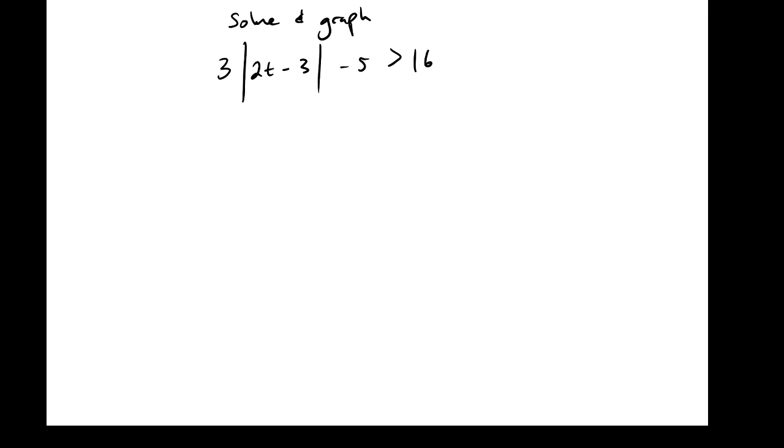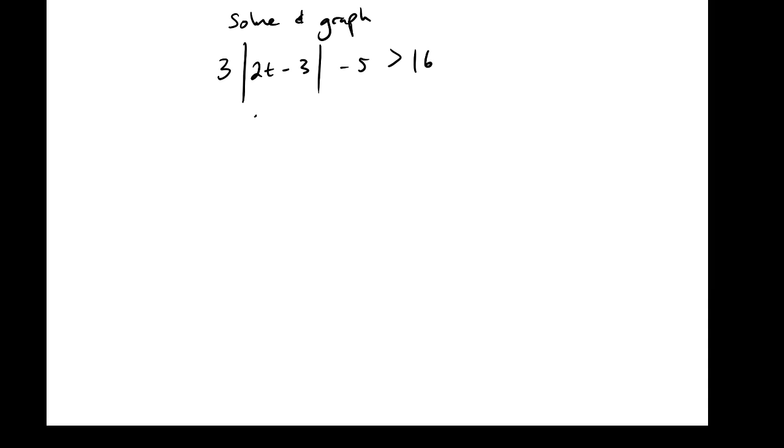All right, let's see what our outcome is. Before we can make a determination about whether this is going to be a conjunction or disjunction, we need to have that absolute value on the left all by itself, okay? So I like to complete these problems with the absolute value on the left side before I even do my split, okay?